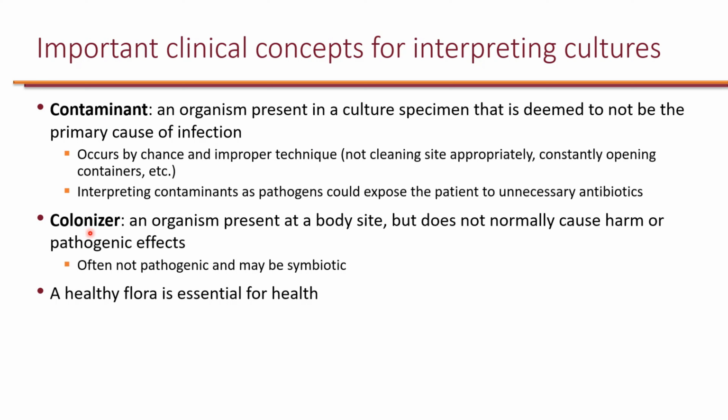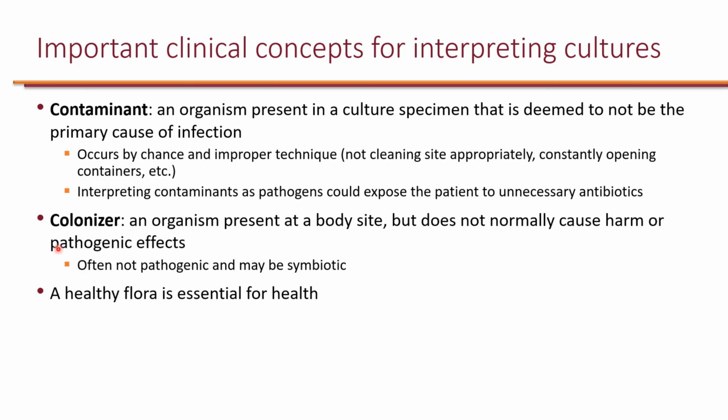And then the colonizer is, if you detect something in your sample and it's not a contaminant, it means it came from the source of the specimen, but perhaps it was not causing an infection. So a colonizer is essentially part of the flora, or something that didn't normally reside in the site as flora but colonized it, and it's not causing any problems.